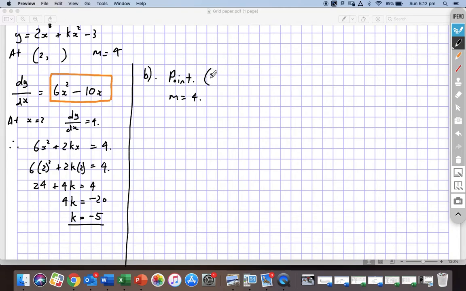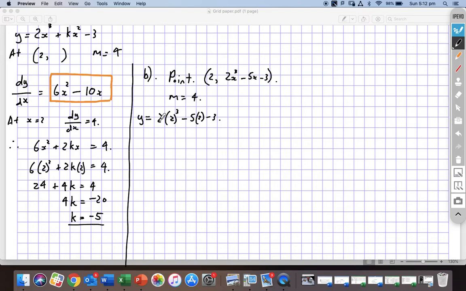All right, the y value is given by this equation, right? It's given by 2x cubed. Now I know what k is, it's minus 5. Minus 5x squared minus 3. Okay, therefore this point is, let's work it out. So y at x equals 2 is 2 times 2 cubed minus 5 times 2 squared minus 3.